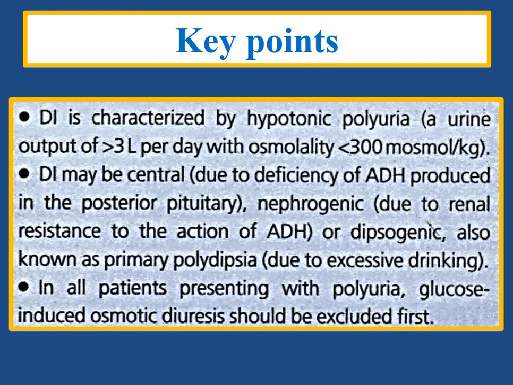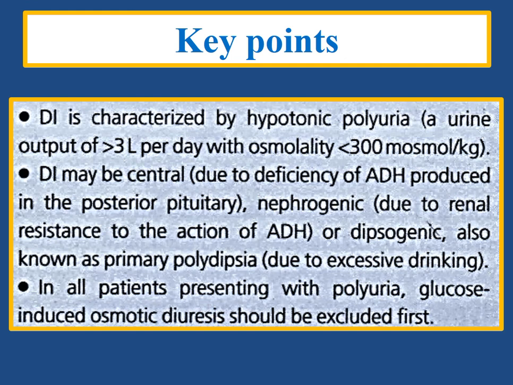So, key points of this part of the lecture. Diabetes insipidus is characterized by hypotonic polyuria, a urine output of more than 3 liters per day with osmolality less than 300 milliosmol per kilogram.